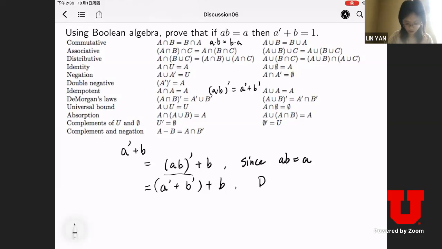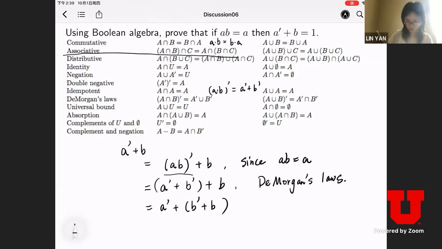This is by De Morgan's laws. Then it is equal to not A plus (not B plus B). This is associative.